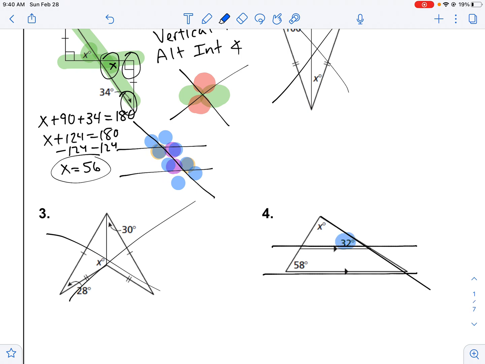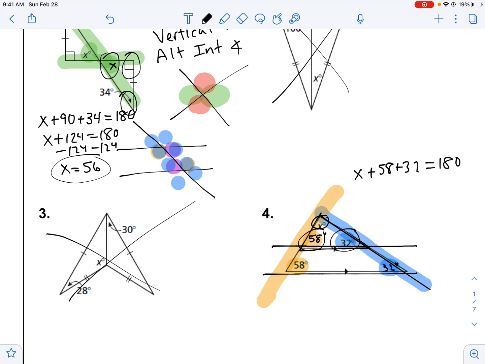So this is upper left of the transversal, which means this is going to also be 32. Now we have one over here on this same side, which means this and this are going to both be 58. But now I have a triangle where I know all three of the angles, so I can add those all together and set it equal to 180.